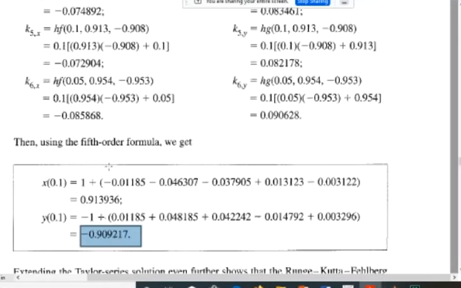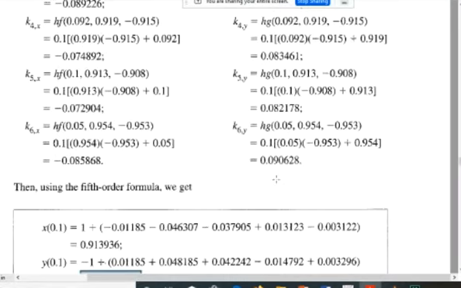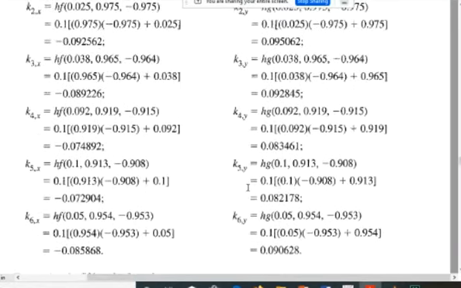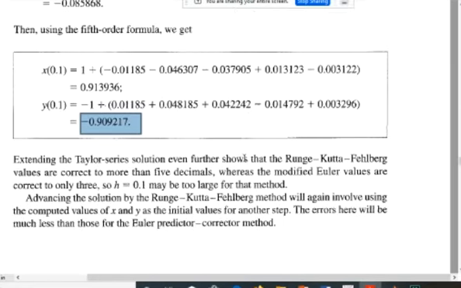This is the fifth order Runge-Kutta-Fehlberg method, which is applied or deployed for a system of differential equations.